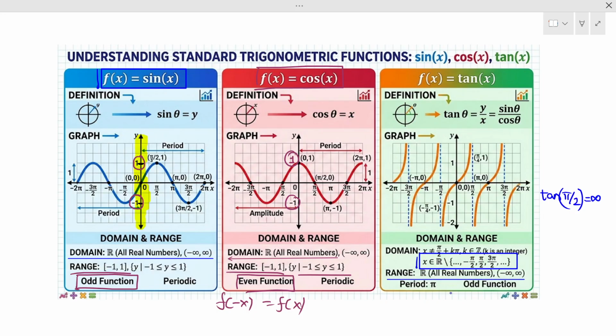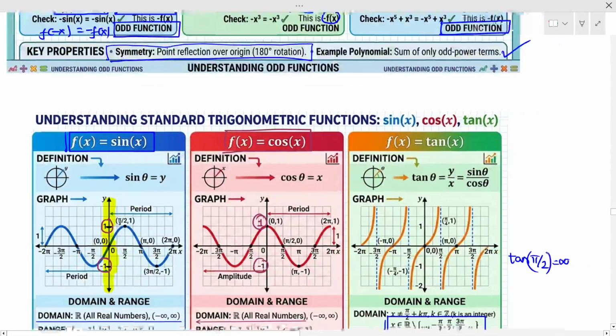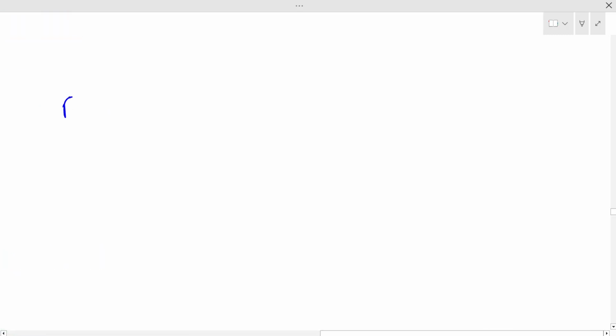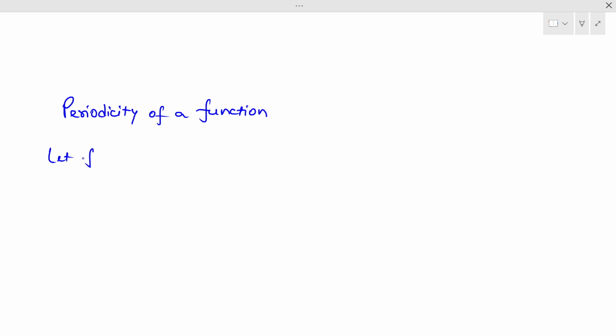Now there comes a concept, period. What does period mean? Suppose we see the periodicity of a function. Suppose I consider a function, let f of x be equal to sin x. Now what will be f of x plus 2 pi?